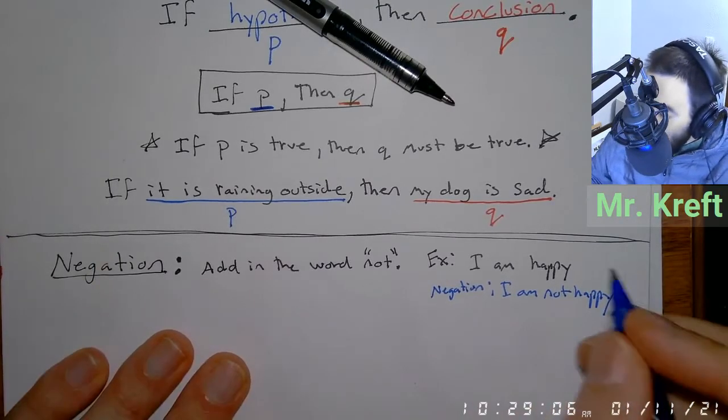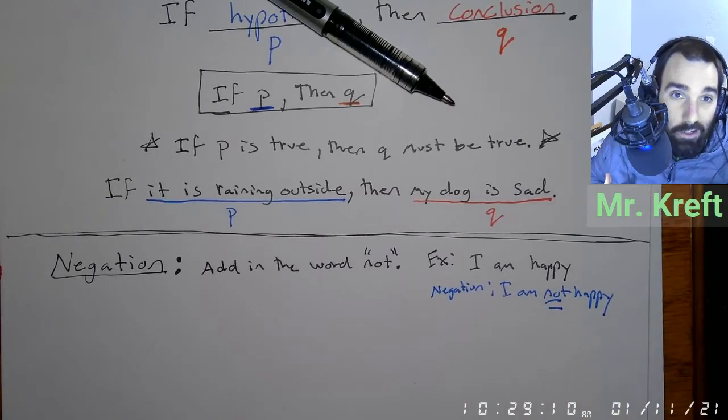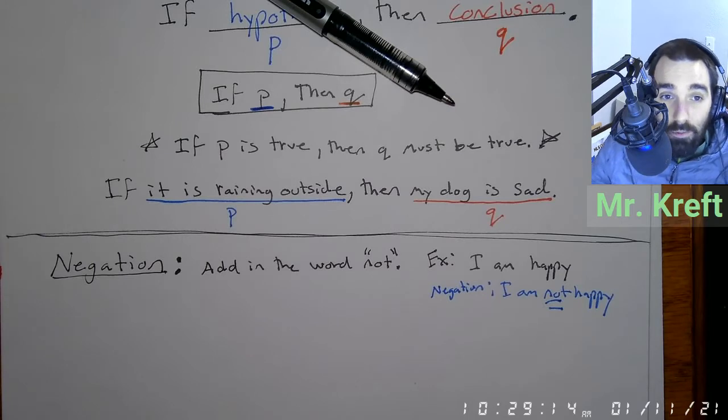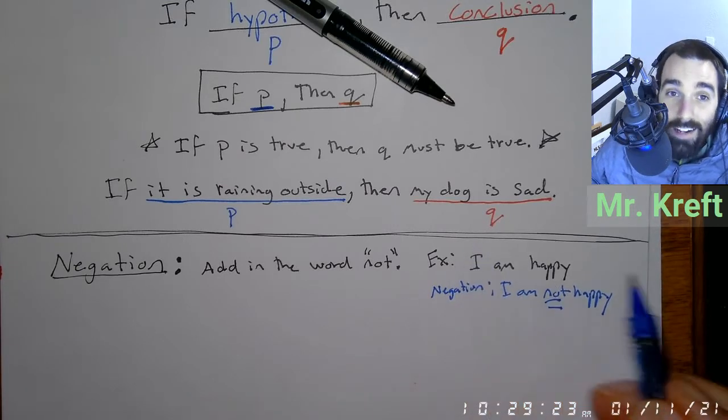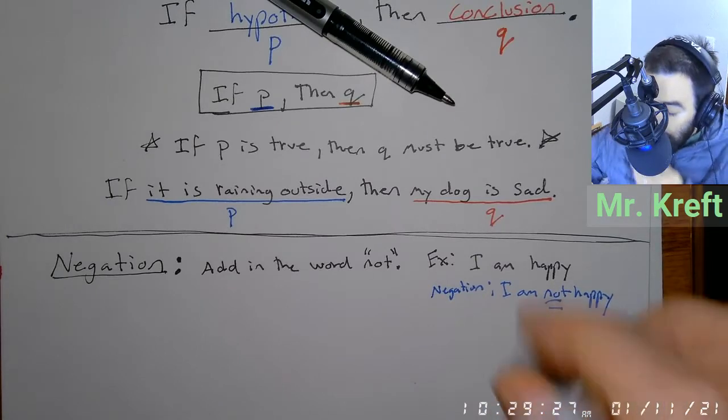And so you guys can see there, I added in the word not, and I have now the negation. Now, I'm not saying that I'm sad, I'm just saying I'm not happy. Okay, so that doesn't mean, right? So you can't pull more information out of it. You can just say, oh, they're not this. Okay, so this is an example of negation.